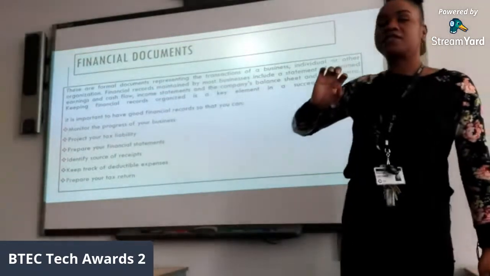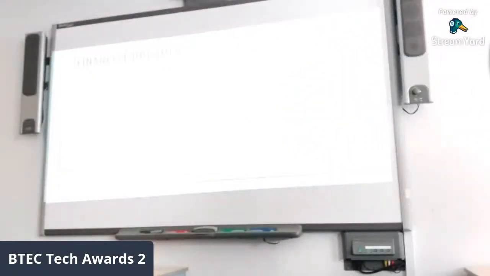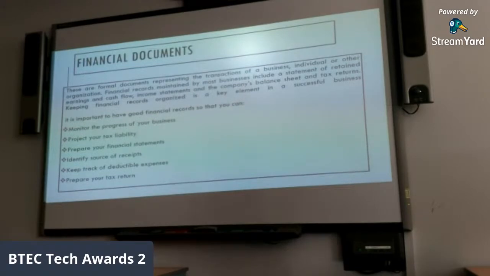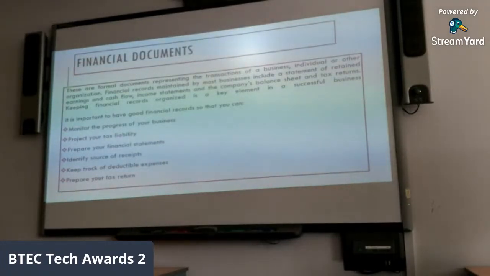Financial documents. So, these, as you can see on the board, are formal documents representing transactions of a business, individual, or any other organization. Yeah, so it does not have to center around an organization. You have your own individual statements as well.